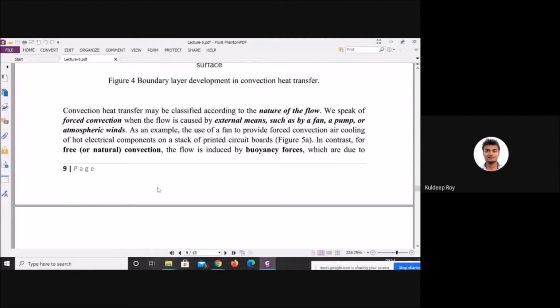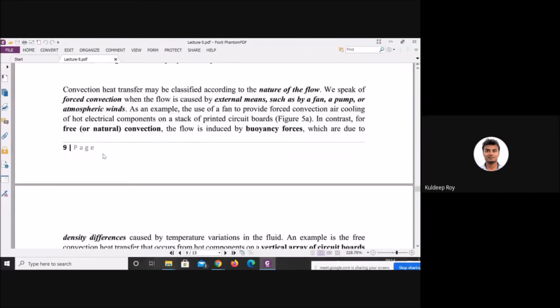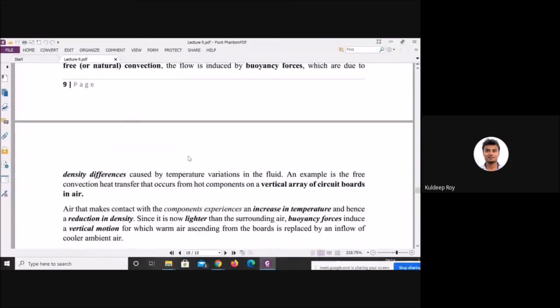But what will you talk about if you talk about natural convection, which is also called free convection? In free convection, the flow is induced by the buoyancy force. Now how can we predict how it can happen in natural convection? Can anyone give any idea about natural convection?